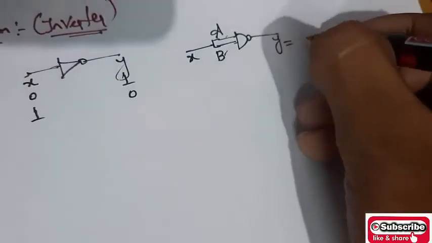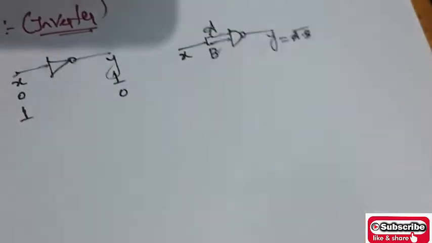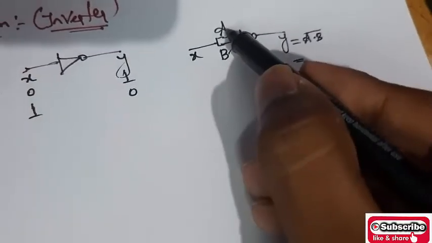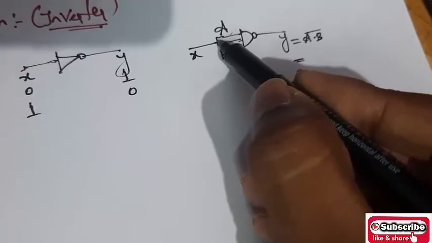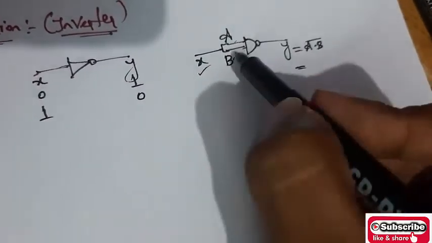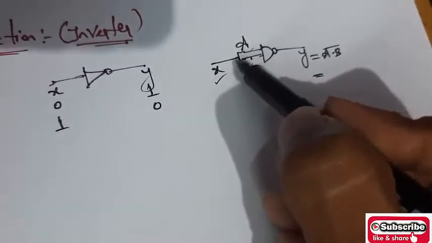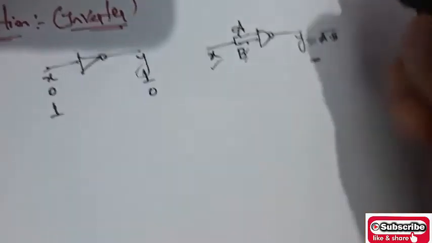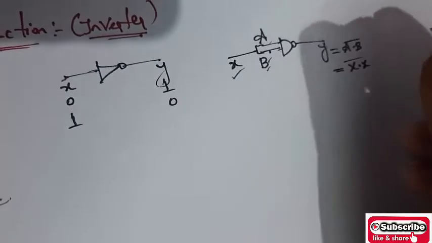So Y is equal to (A dot B) bar, which is the NAND gate. In case of input A, we can represent it as a single wire by taking the input as X. In case of input B, we can represent it by the same wire, in terms of input X. That means (X dot X) bar.